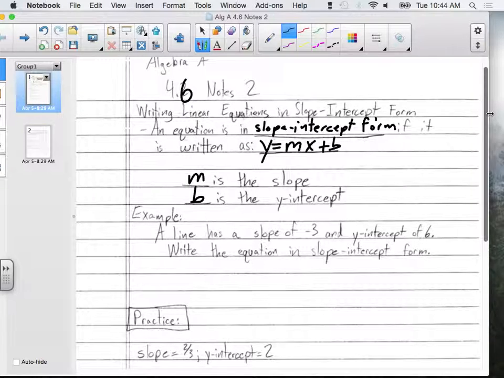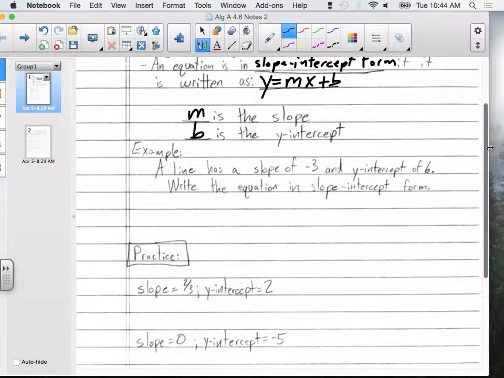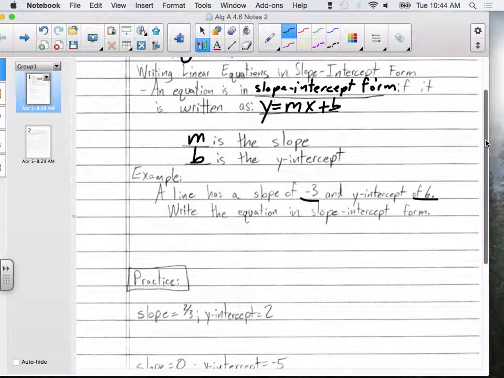Alright, so for that first example, it says a line has a slope of -3 and a y-intercept of 6. So, based on that, we have to identify two things. We have to identify our m, which stands for our what?